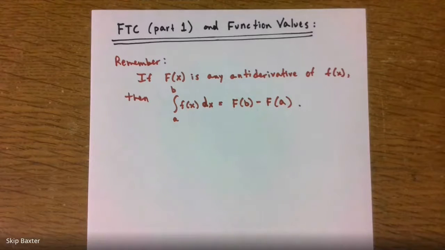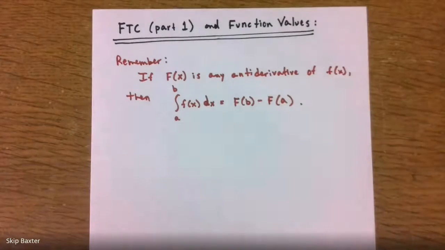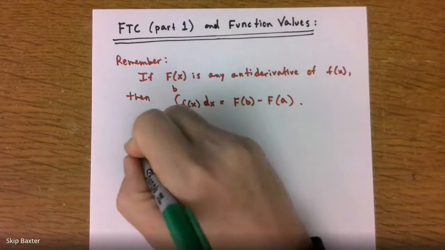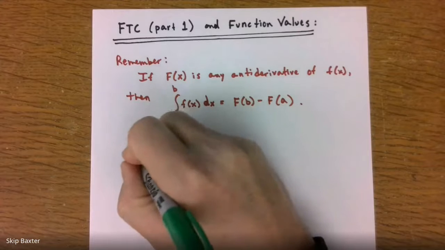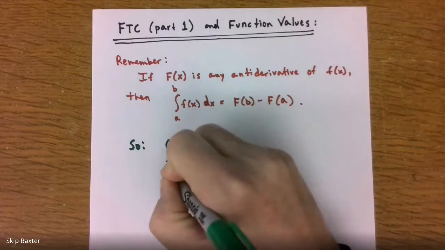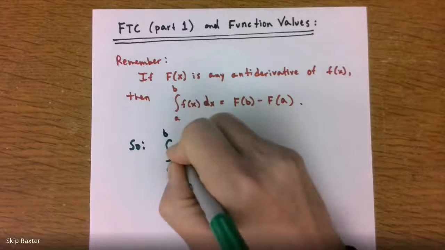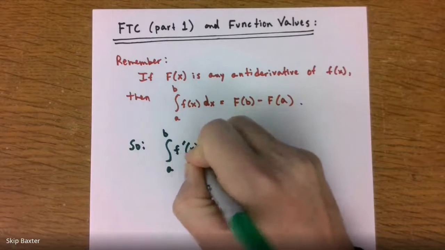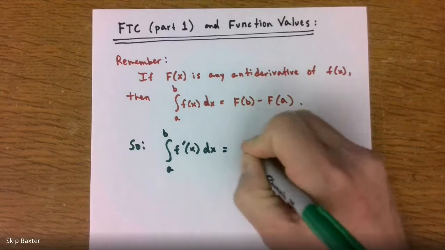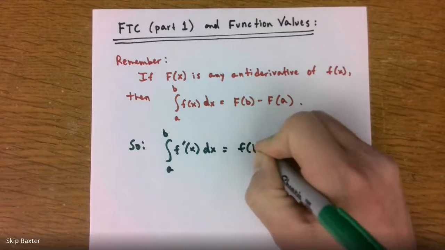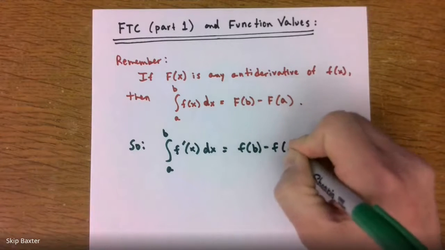Well, we could write this a different way. I could say the integral from a to b of f prime of x equals f of b minus f of a, right?